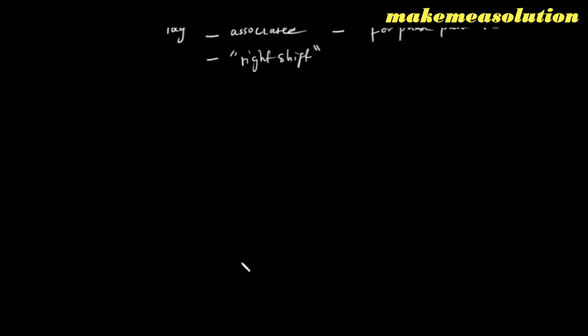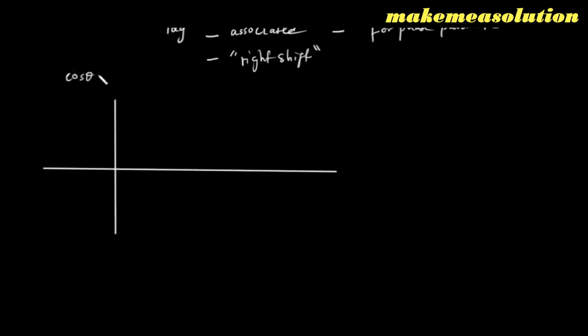Now let me show you something amazing about those graphs. Assuming I draw the sine graph, let me prove the first one, that cos theta is equal to sine of theta plus 90 degrees. That means the cos graph leads the sine graph by 90 degrees.